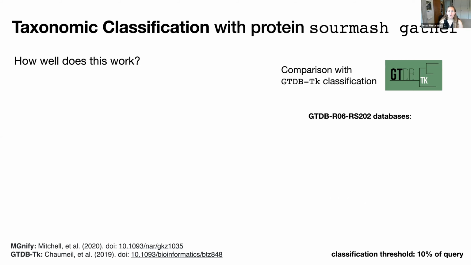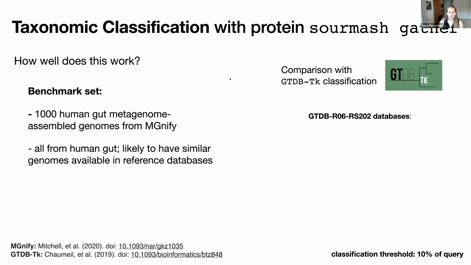Okay, so how well does this work? We decided to do first a comparison with GTDB-Tk, and we started out with a benchmark set of 1,000 human gut metagenome-assembled genomes from MGnify, and these are all likely to have similar genomes available in reference databases.